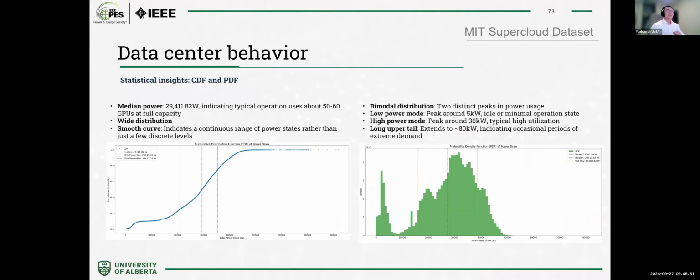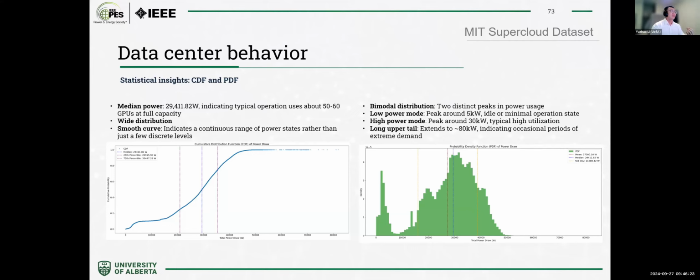There are more statistical insights. For example, the median power is around 30 kilowatts, which indicates a typical operation uses about 50 or 60 GPUs. It also has a very wide distribution, and the curve is considerably smooth, which means the jobs are very diverse.